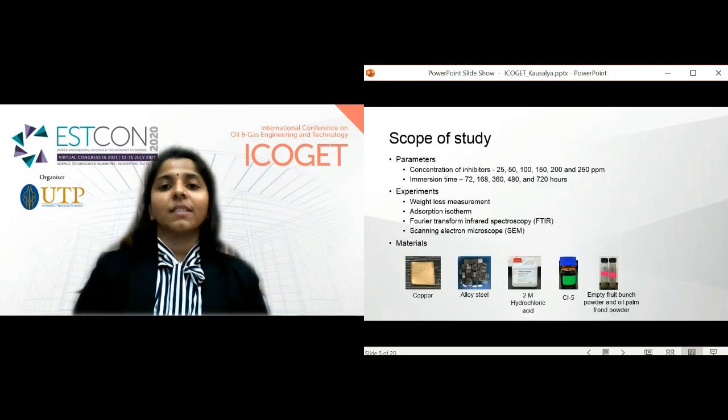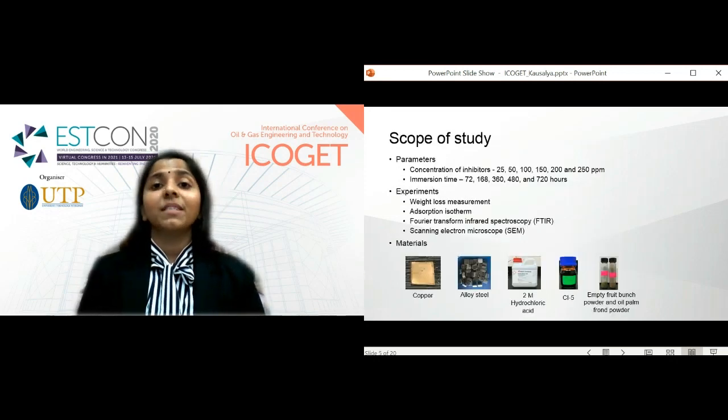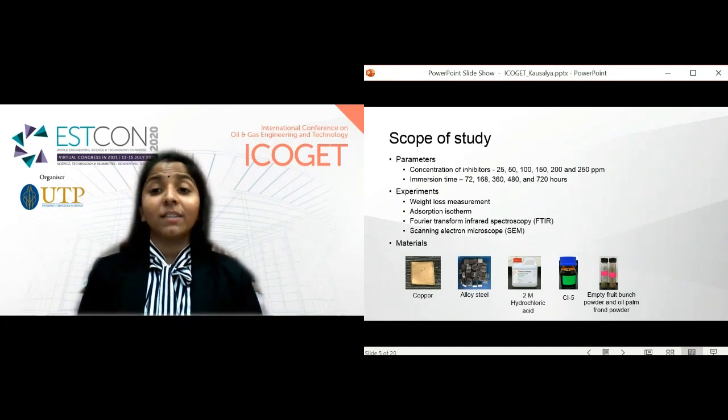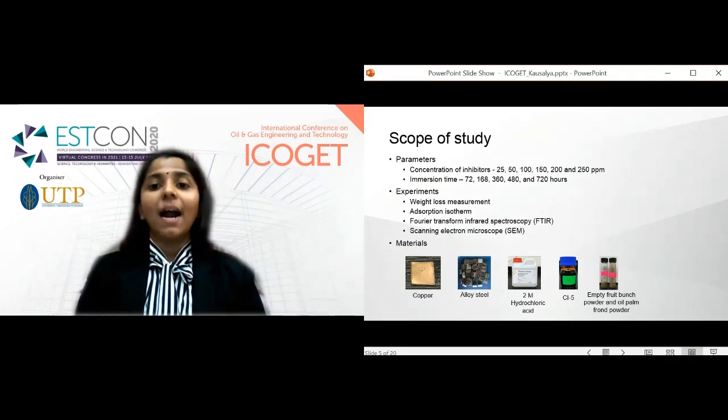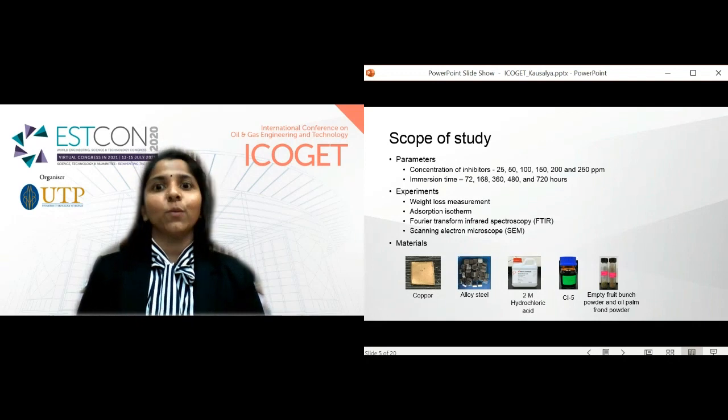Moving to the next content, the scope of study. The parameters tested in this research were concentration of inhibitors and also the immersion time. As for the concentration of inhibitors, 25, 50, 100, 150, 200, and 250 ppm were used. And for the immersion time, 72, 168, 360, 480, and 720 hours were tested, which is from 3 to 30 days.